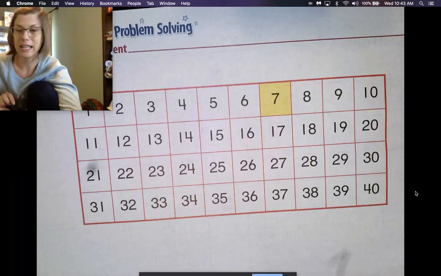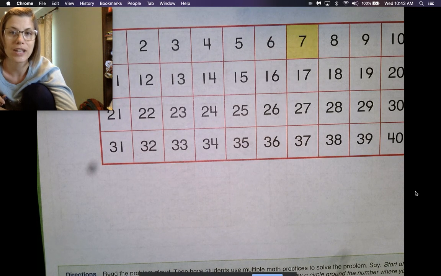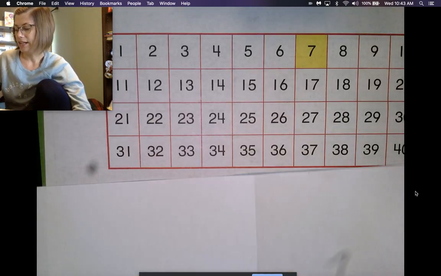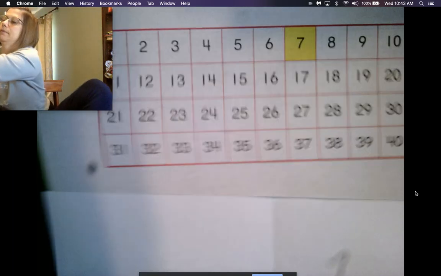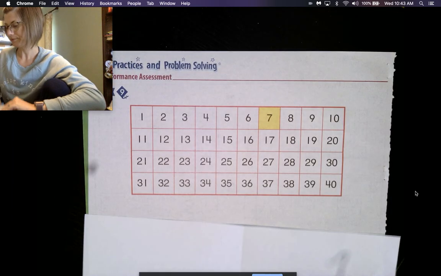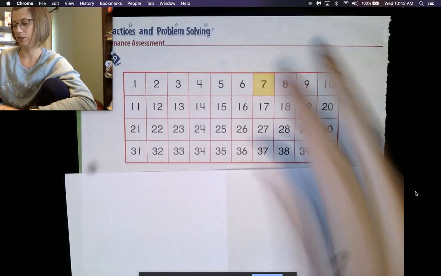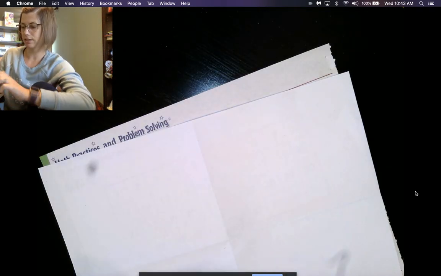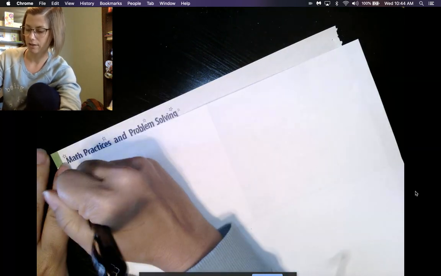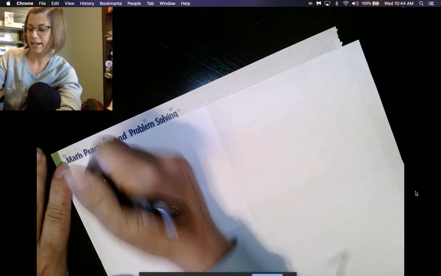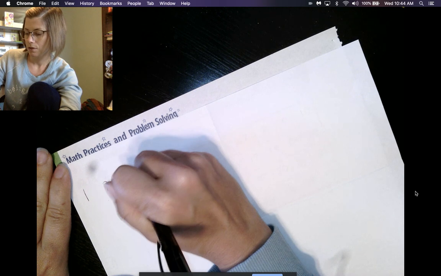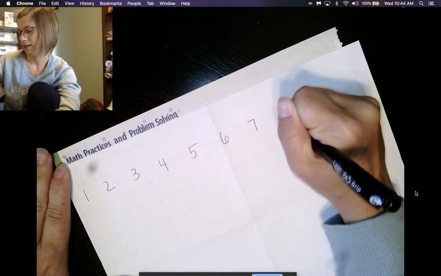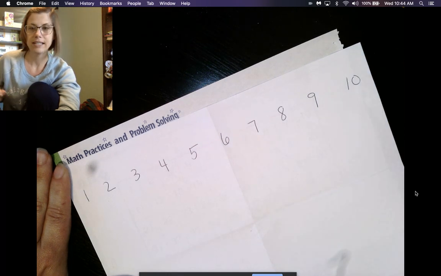Okay, tricky, tricky, tricky. You're going to need numbers to 40. So on your piece of paper, you're going to need to count numbers to 40. You should do 1 to 10 across the top. 1, 2, 3, 4, 5, 6, 7, 8, 9, 10.